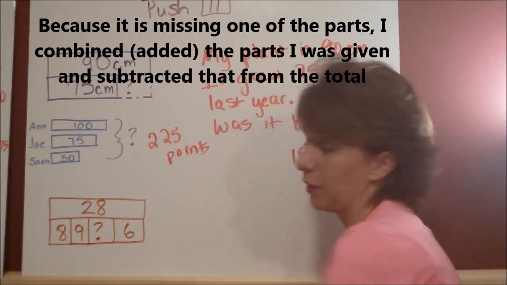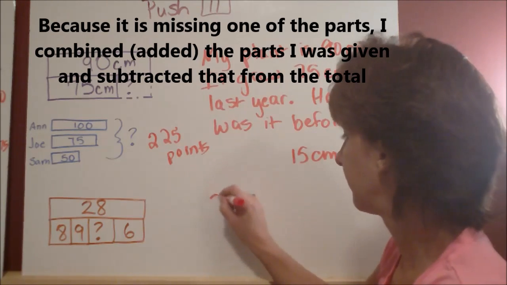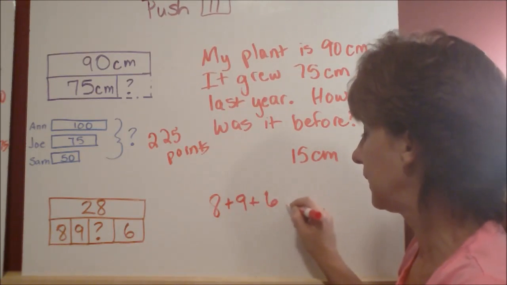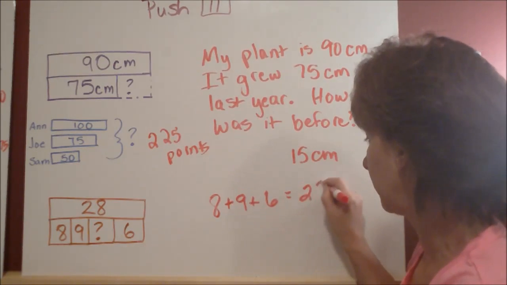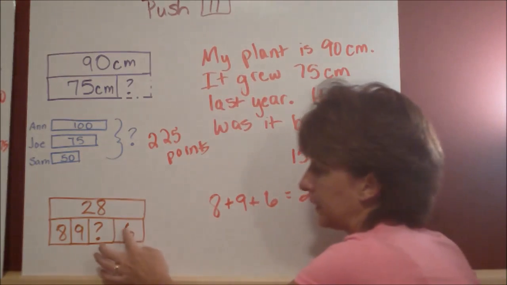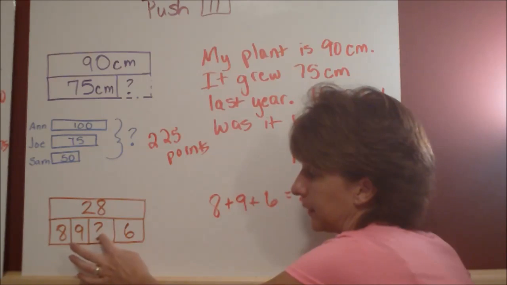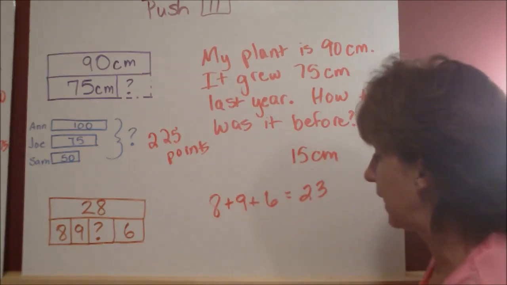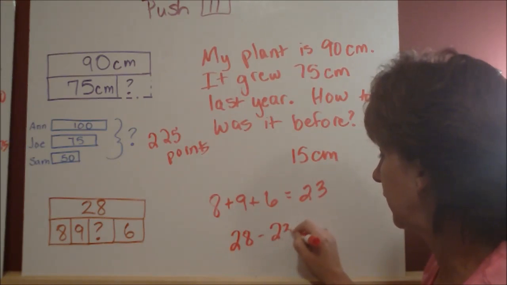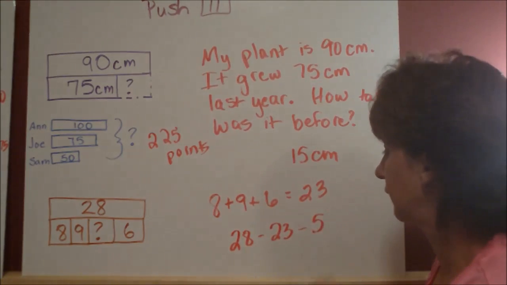How many did I do on Wednesday? So I would have to do 8 plus 9 plus 6, which is 23. And then I would know that 23 is what this is together, so this must be 5 in order to make 28, because 28 minus 23 is 5.